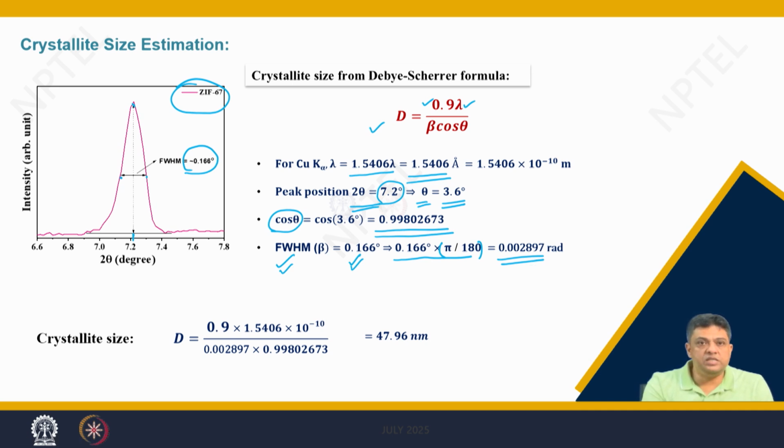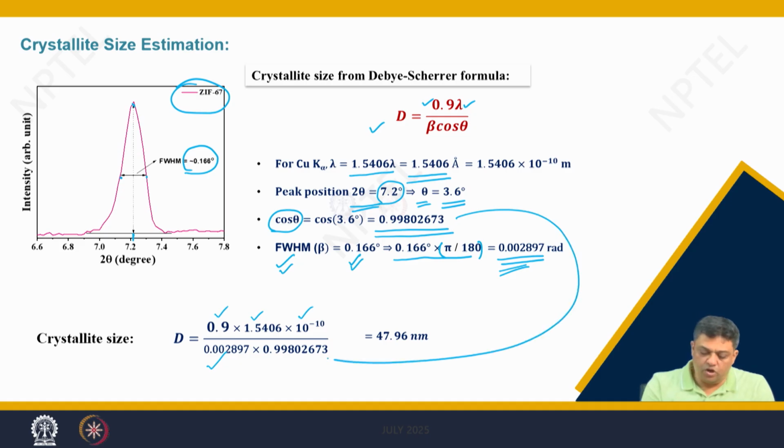So, crystallite size becomes 0.9 into 1.5406 into 10 raised to the minus 10 meter. So, we are talking in terms of meter. Beta is coming in from here. This is the value for cos theta. Do the mathematics and you will get the value of the crystallite size from which the diffraction is taking place.